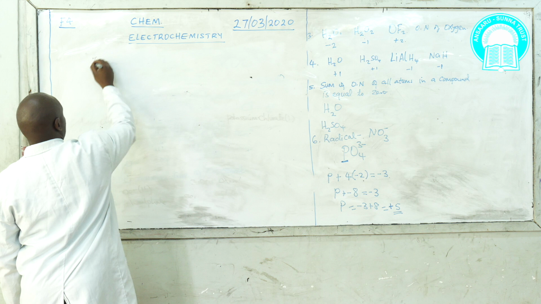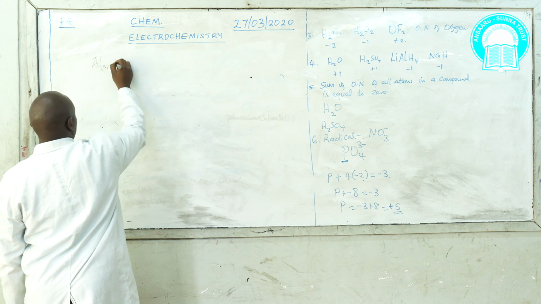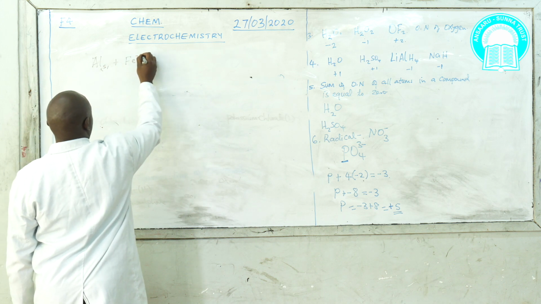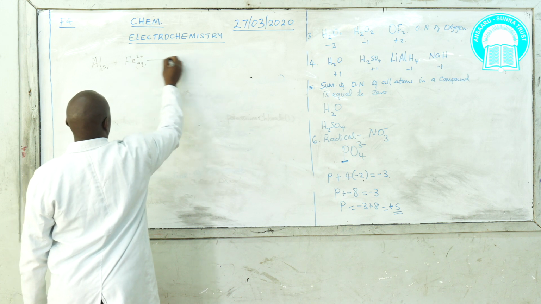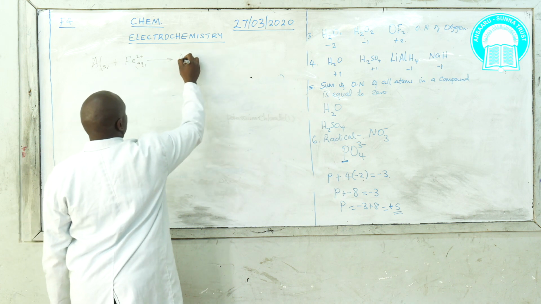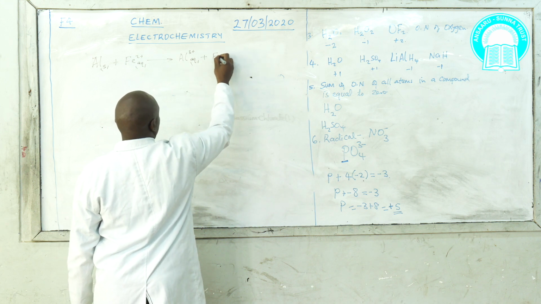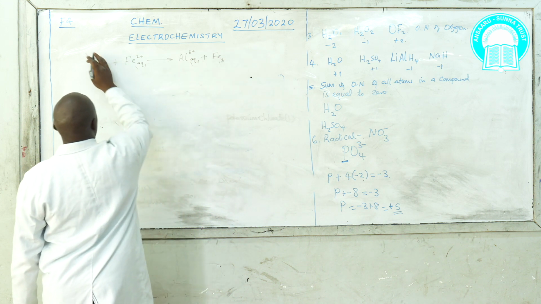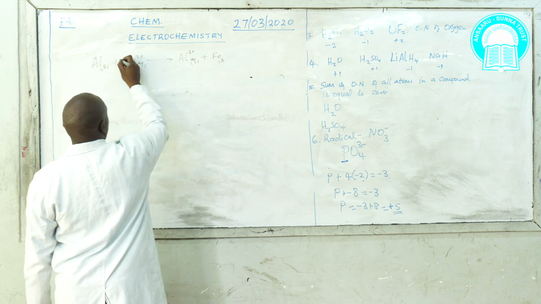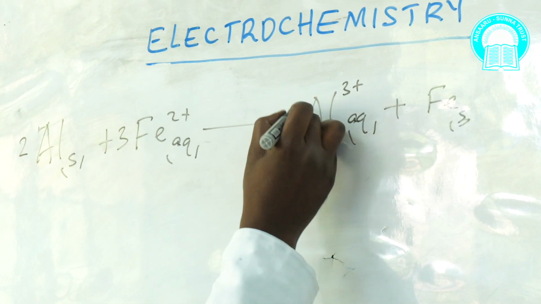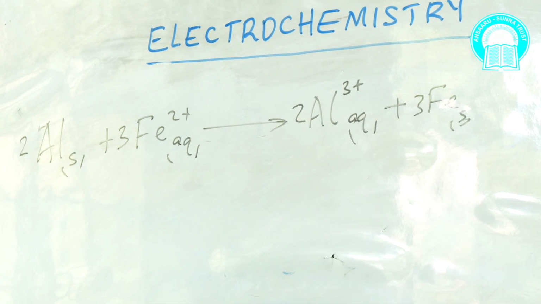Aluminium reacts with iron 2 ions. Since aluminium is more reactive than iron, it tends to displace iron from a solution containing its ions.